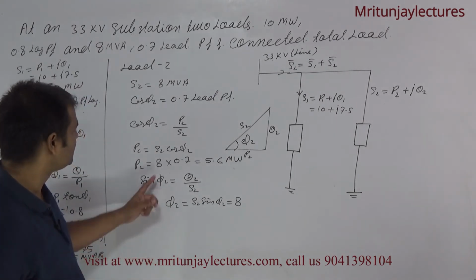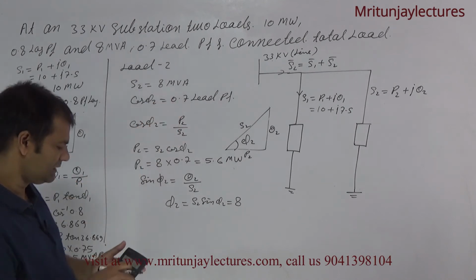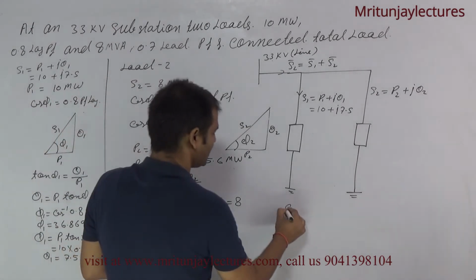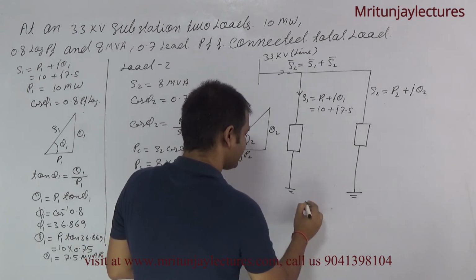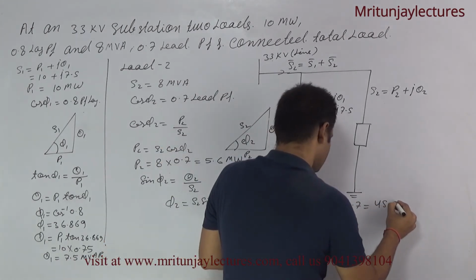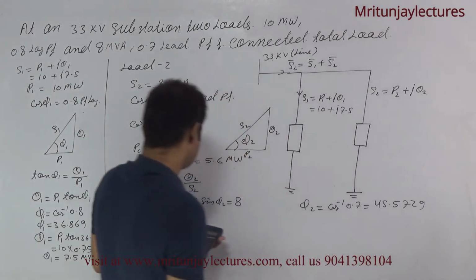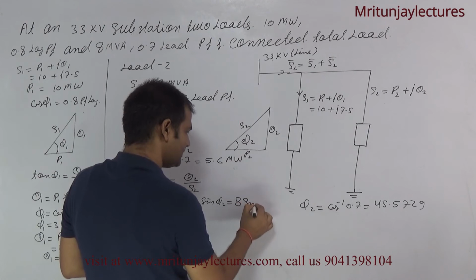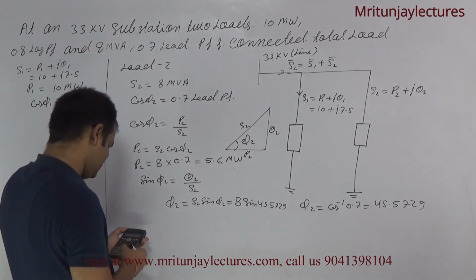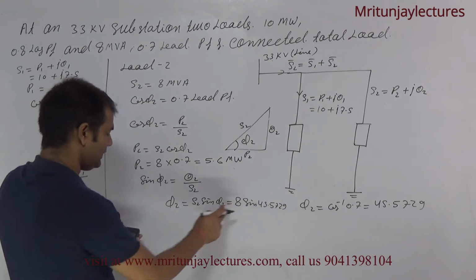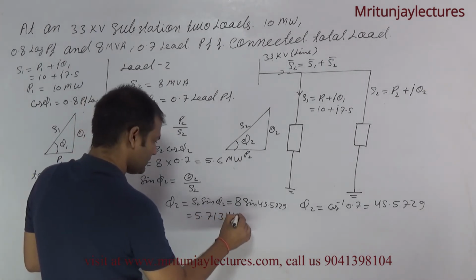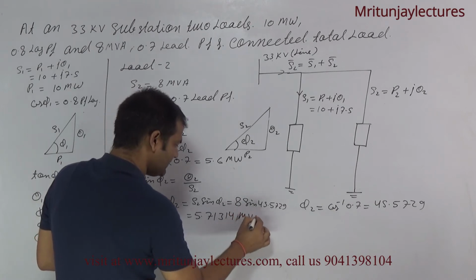Cos phi 2 is 0.7, so phi 2 is equal to cos inverse 0.7, which is 45.5729. Sine of 45.5729 into 8, finally we got 5.71314 MVAR.